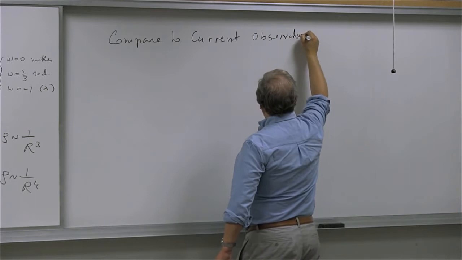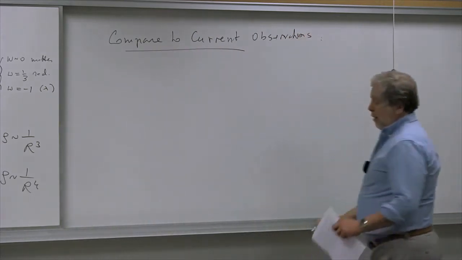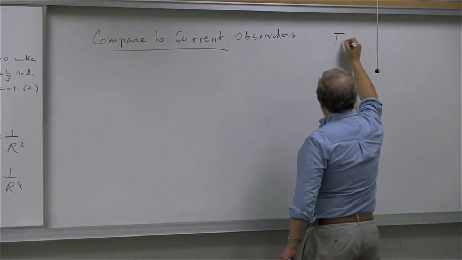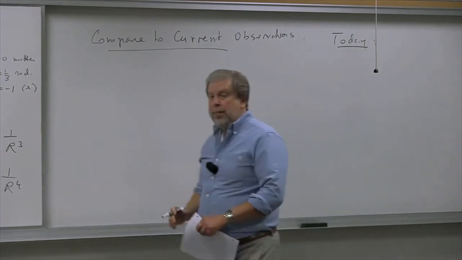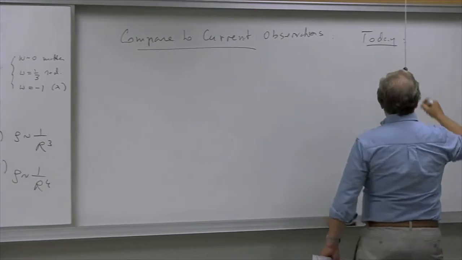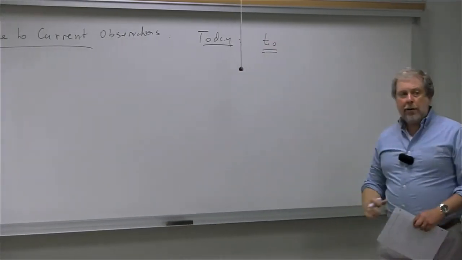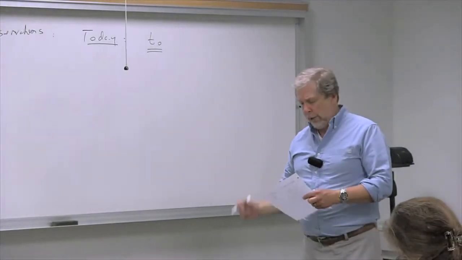And so that means that we look at what is happening today. And so the time that is associated with today, we're going to call it T0. So anything that has an index naught somewhere refers to what we observe today.